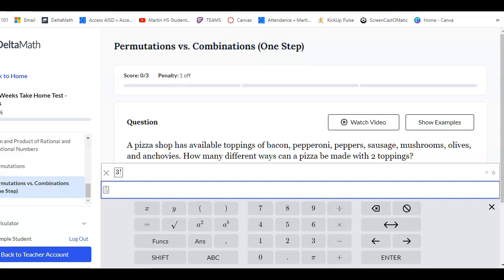So 3 factorial is indeed 6. You could also do 6 factorial and so on. So just because you don't have one of these fancy calculators at home, you can indeed use this in Delta Math, and you could even Google a factorial calculator if you wanted to. But the one that will be available to you in class on a test is the 84, so you do need to know those buttons as well.